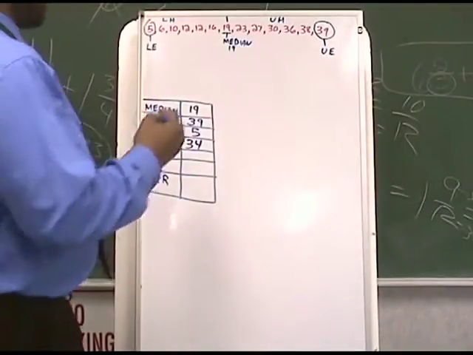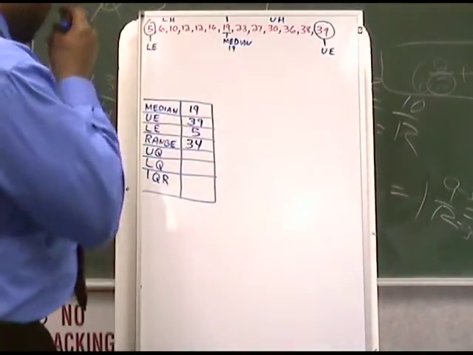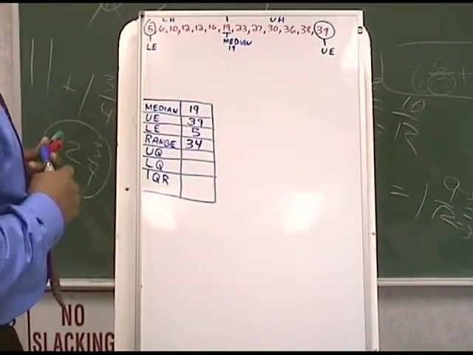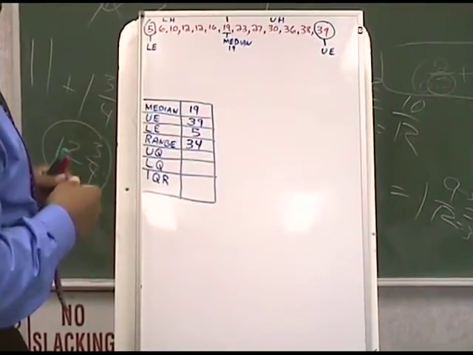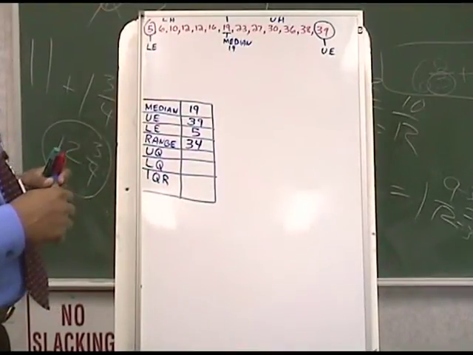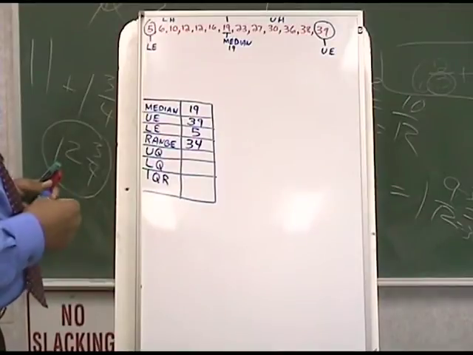And that's split by the median, which is 19. The upper quartile and the lower quartile are determined by finding the median of the upper half and the lower half.